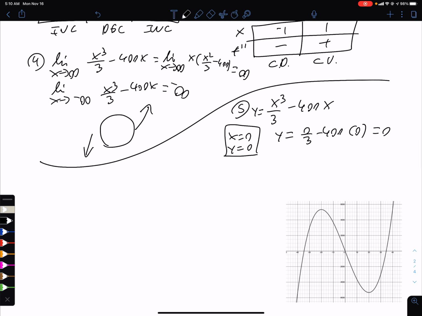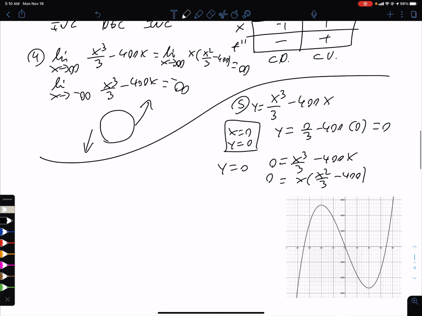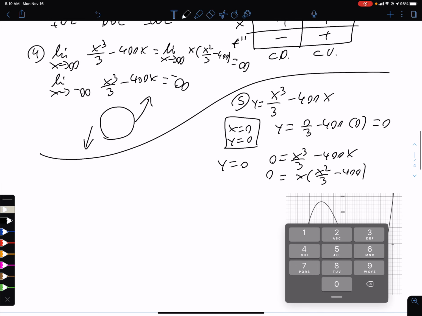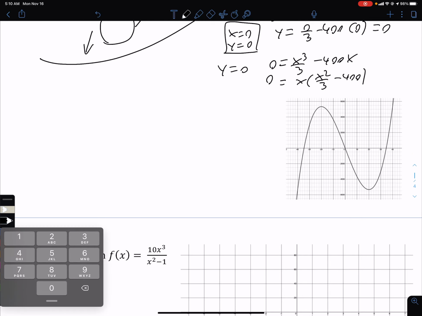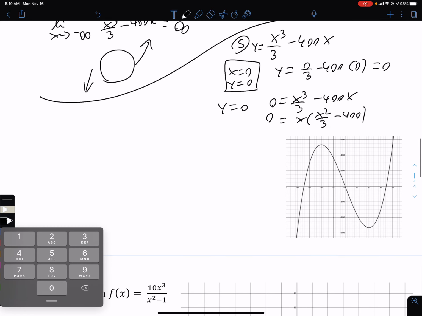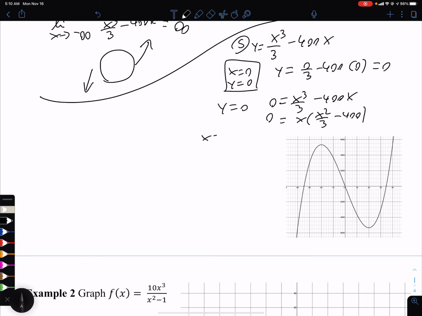Now, if I set y equal to 0, I would get 0 equals x cubed over 3 minus 400x. I factor an x out of both. I set each equal to 0. Wow, I hate when that happens because I don't know how to get rid of that. It just kind of disappears on its own.